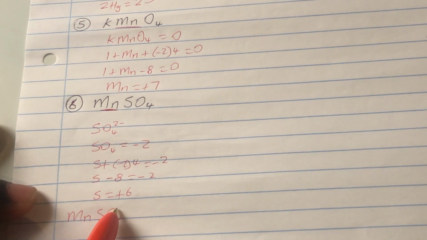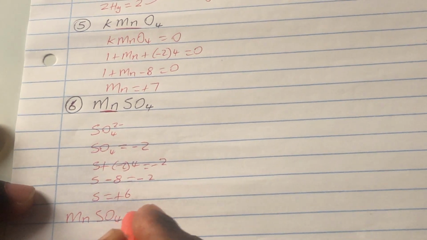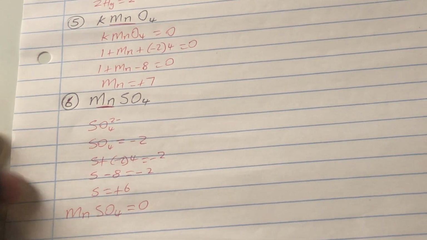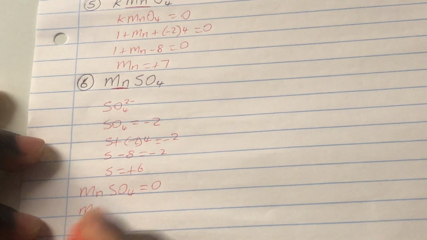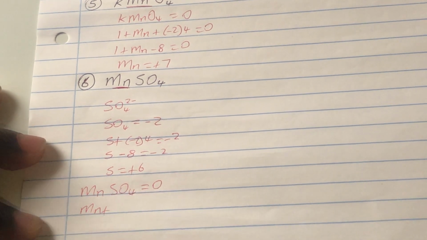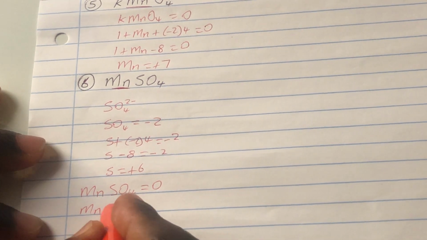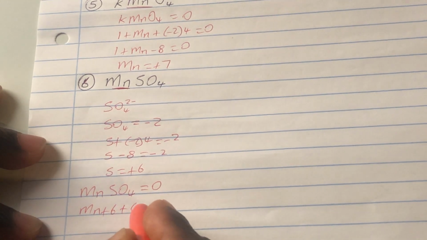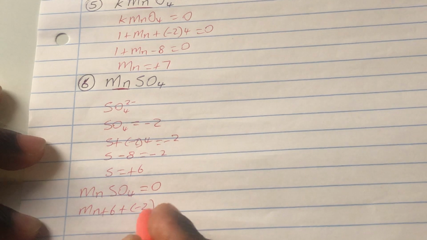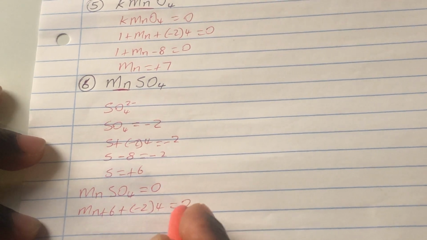The charge that it is carrying, 0, will be equal to 0. Next step is substitution. Mn plus S is 6 plus oxygen minus 2 times 4 equals 0.